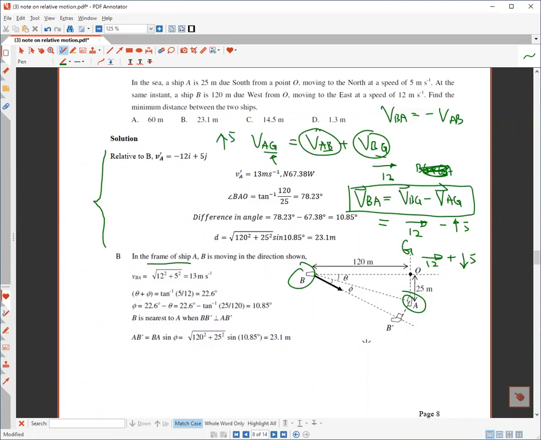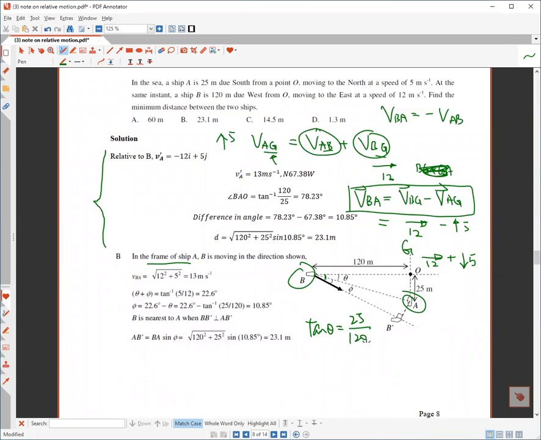But we don't know whether this relative velocity is in this region or in this region. Do you know what I mean? You can just calculate the angle. So the angle theta here, you know how to calculate it. Tangent theta is just 25 divided by 120.